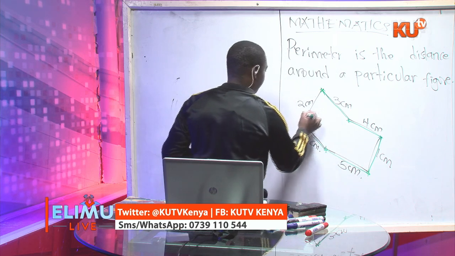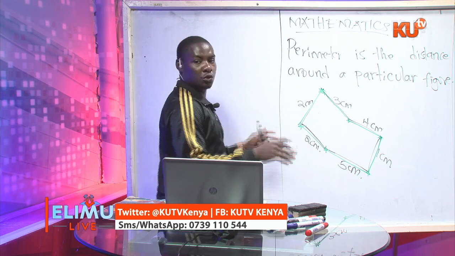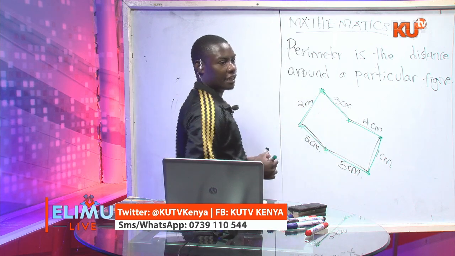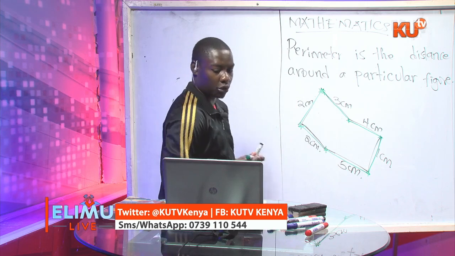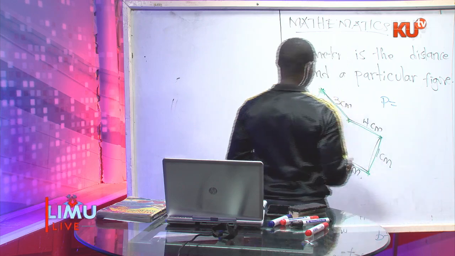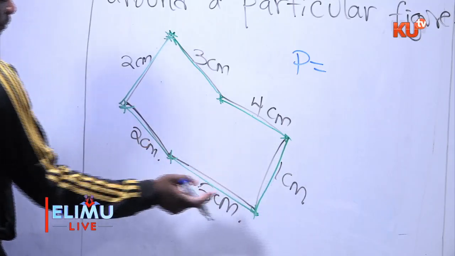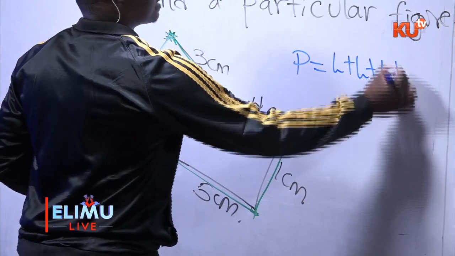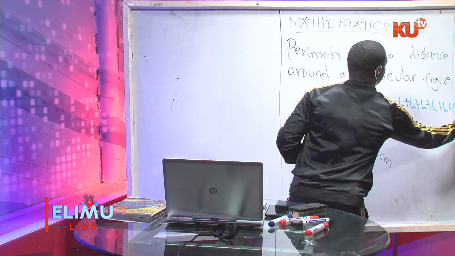This one up to there, then this one up to there. When I do that, I will have covered the distance all around that figure. So it leads me to what we call perimeter. Therefore, perimeter here will be length plus length plus length plus length plus length plus length.